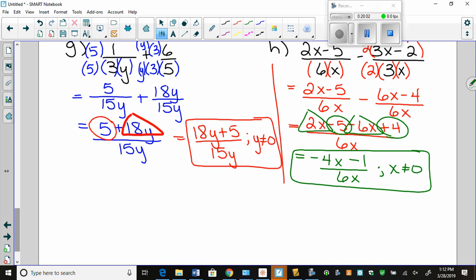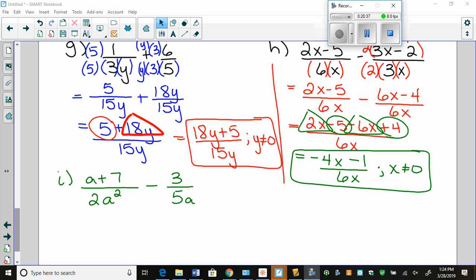One last question. A plus 7 over 2a squared. Remember 2a squared, what does a squared just mean? a times a. A times 2 is not the same as 2a's. Okay, the common denominator is 10a squared.